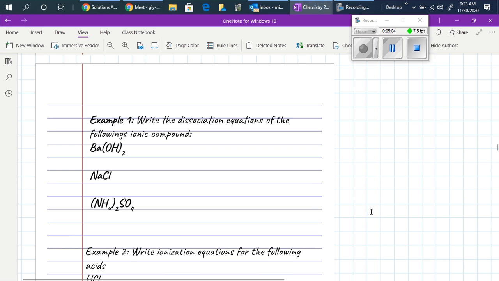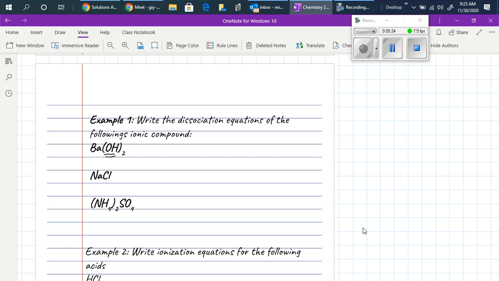Now let's see some examples. In this case, what we have is a base, because we have the hydroxide part here. We'll write the dissociation equation of the following ionic compounds. This is actually a base.